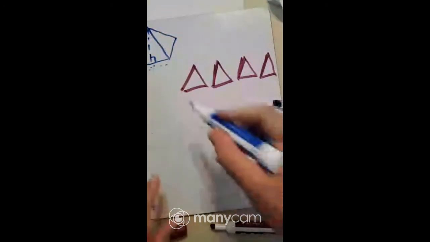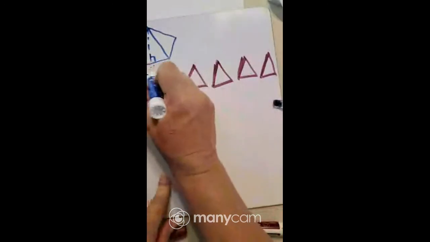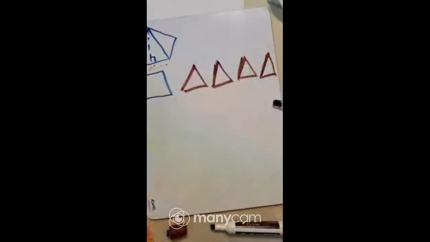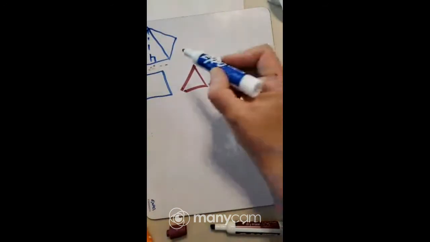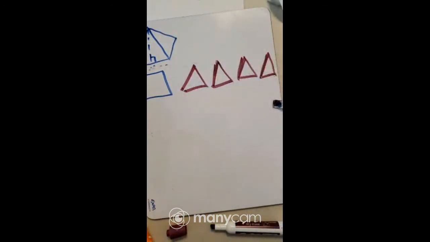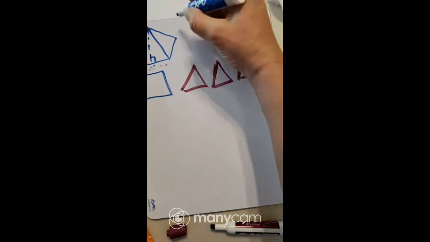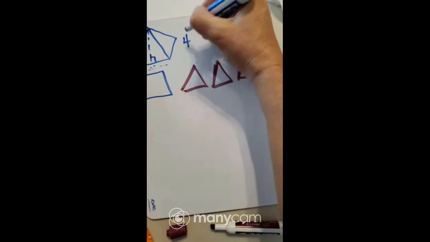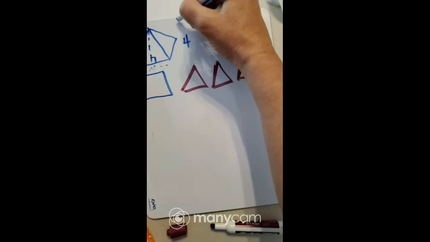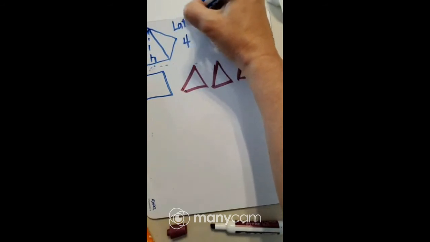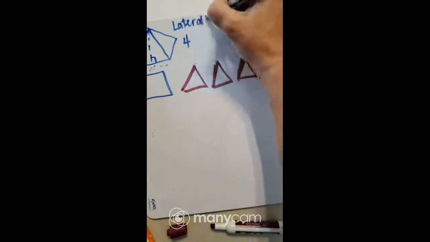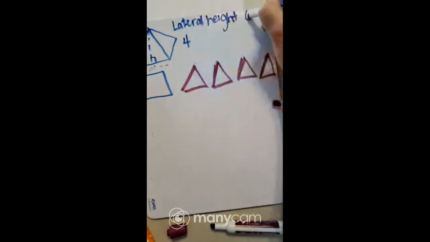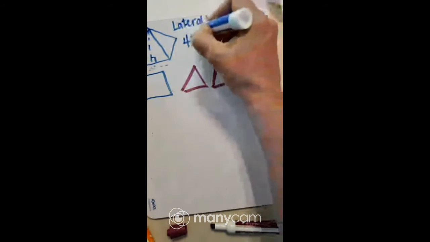And my rectangle on the bottom, it's a square, is going to stay blue. So my base, I'm doing this off the top of my head, so bear with me, is 4. And my lateral height is 6. We'll just go inches.